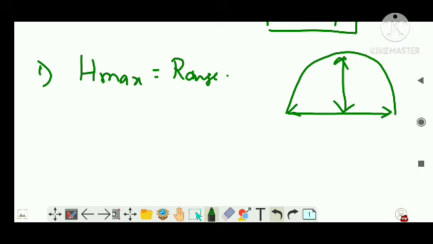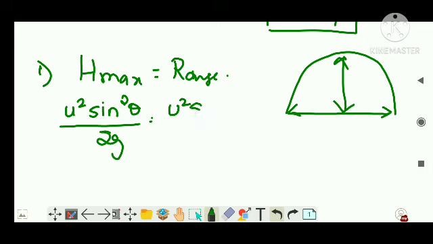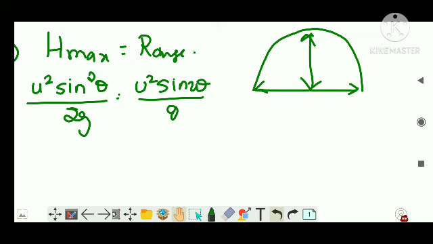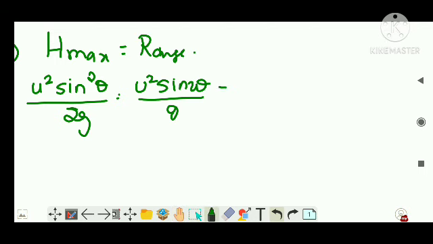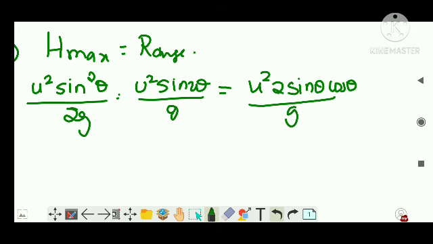So how would you write? You should have the equation for h, which is u squared sine squared theta by 2g, and range is u squared sine 2 theta by g. All right, now let's remove this one. Now this u squared sine 2 theta, I'm going to write it as 2 sine theta cos theta, because it is better to cancel something.